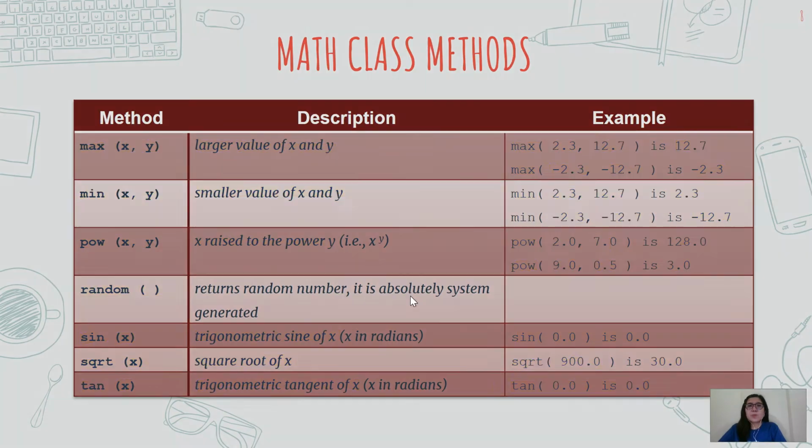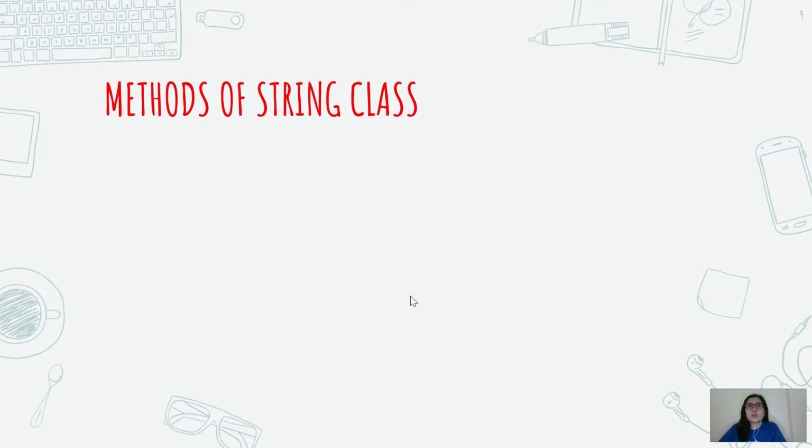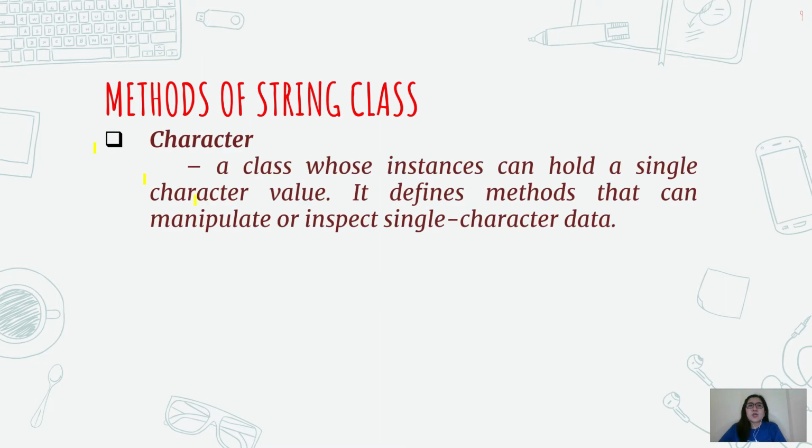Now, let's proceed to the methods of the String class. So we have here some terminologies. We have Character, a class whose instances can hold a single character value. It defines methods that can manipulate or inspect single character data.